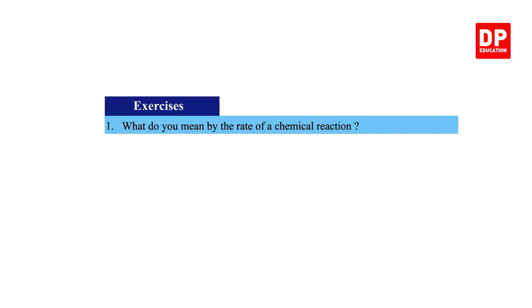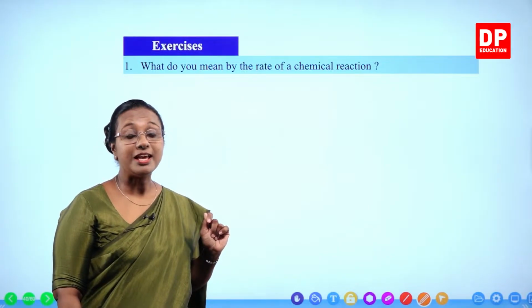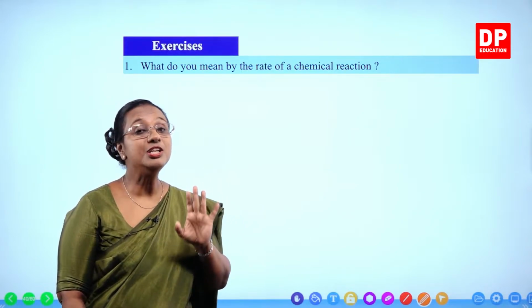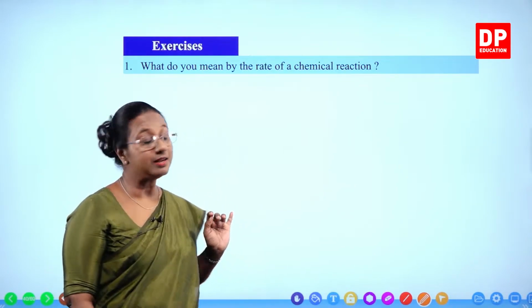Exercise. And the first question, what do you mean by the rate of a chemical reaction? The change that occurs in a unit time during a chemical reaction.